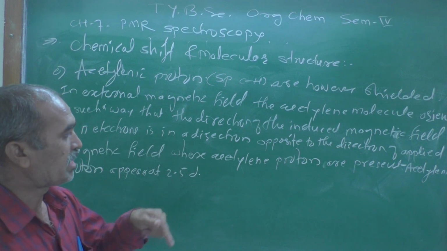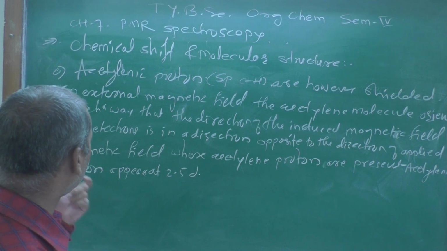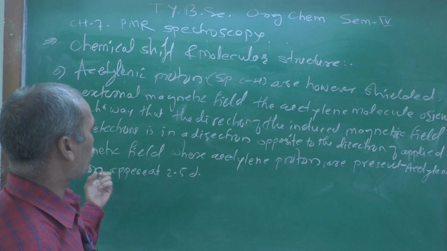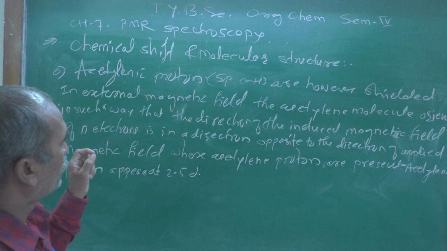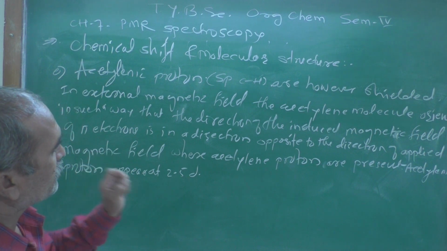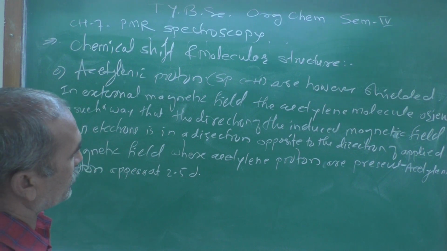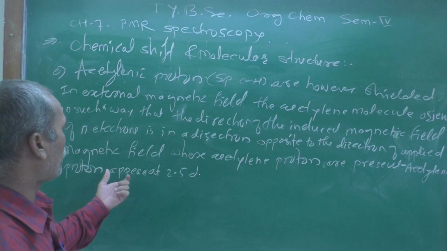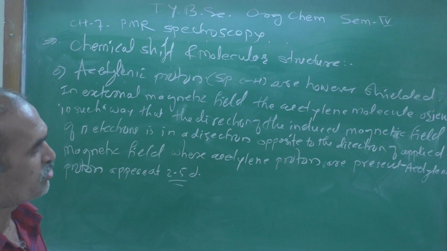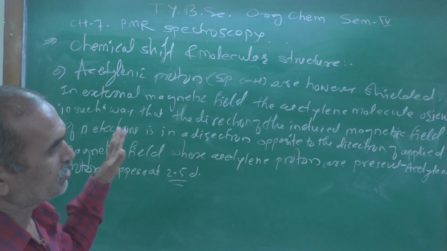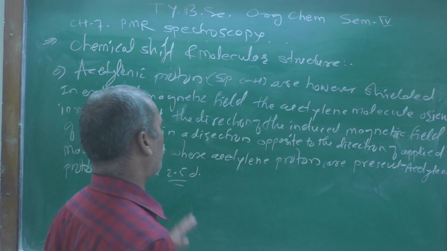Here it is exactly opposite to that of the aromatic proton, and the acetylenic proton appears at 2.5 delta. It is much less as compared to the aromatic or olefinic proton.